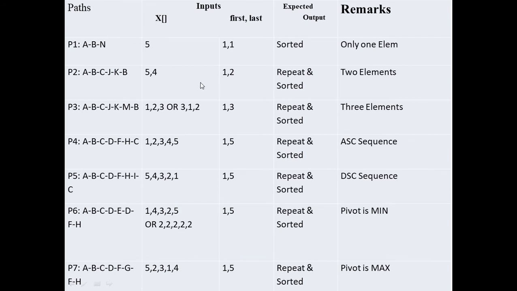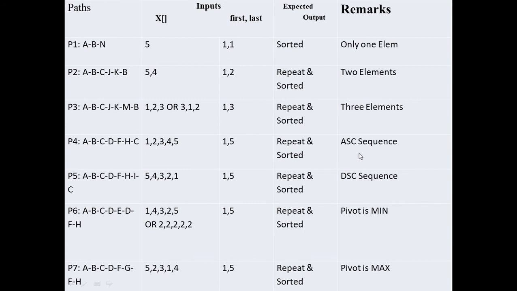Well, it is not in sorted order, so we need to apply the quicksort function. Then once we repeat the same, we will get the sorted array for the two elements. Next, come to the three elements. It can be in any order. So if it is not in sorted order, we need to apply the quicksort algorithm. So we need to repeat the process until it gets sorted.